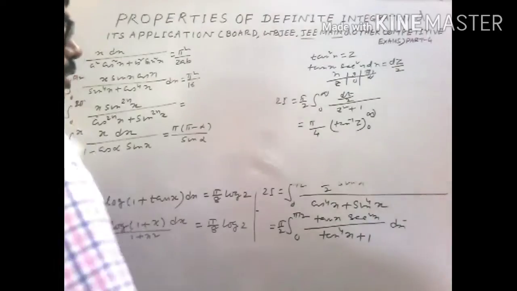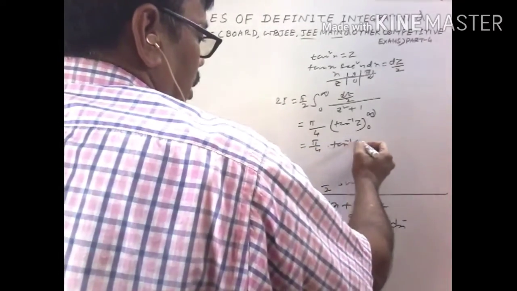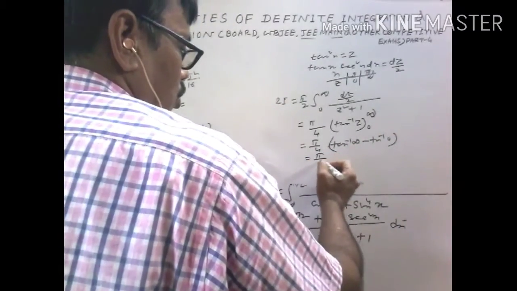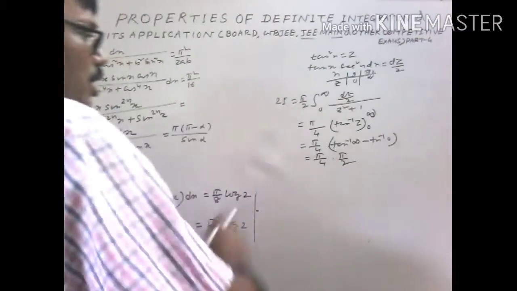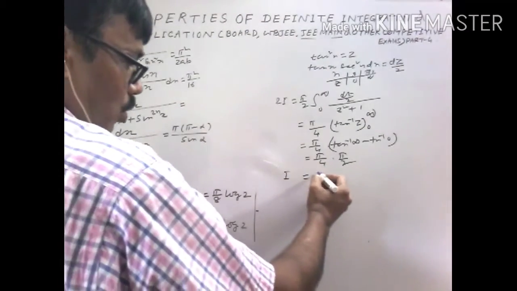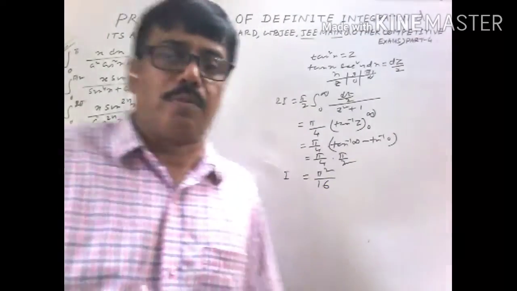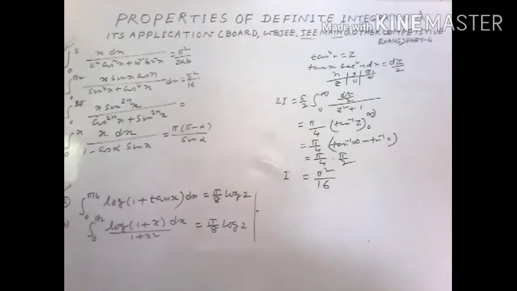So pi by 4, tan inverse infinity minus tan inverse 0. So pi by 4 into pi by 2. So pi square by 8 is 2I, but we are interested in I. So what is I? Pi square by 16.